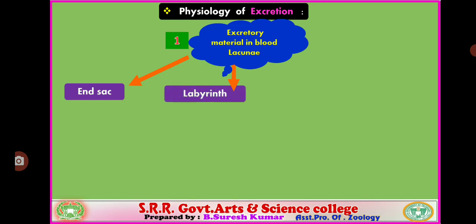The excretory epithelial lining present in the glandular plexus also takes up the nitrogenous wastes from the blood, and partly some amount of the nitrogenous wastes is taken up into the integument, the body wall. So three ways are there: the end sac collects the nitrogenous wastes, and the labyrinth and integument. All these collect the nitrogenous wastes from the blood. Then processing takes place.